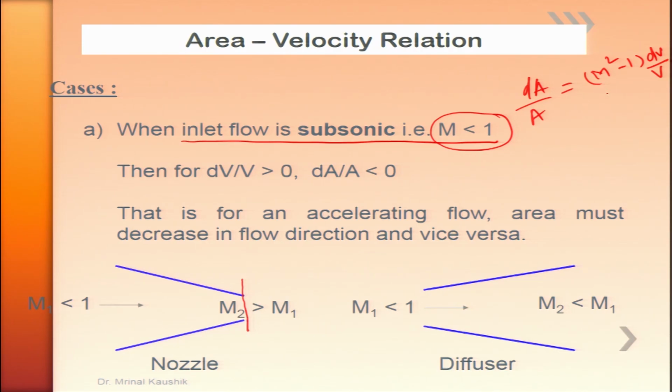Therefore, what could be the maximum Mach number achieved in a converging nozzle? If you put dA equal to 0, then since dV by V is a non-zero term, M must equal 1. Therefore, the maximum Mach number achieved in a converging nozzle is always 1.